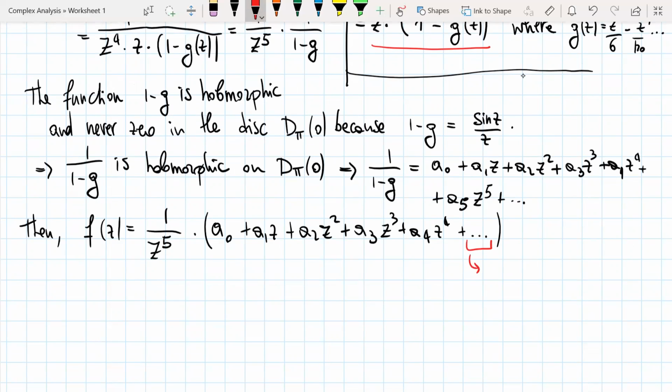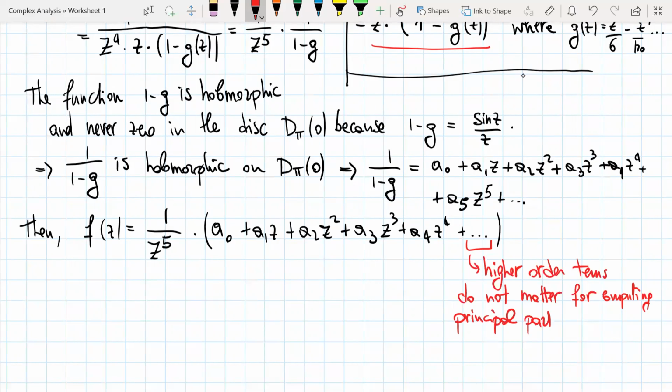Also, these higher order terms do not matter for computing the principal part of f, because these terms here have powers z to the 5, to the 6th, and so on, and these powers then kill z to the power of 5, and so these are then in the end powers in z which are not negative.